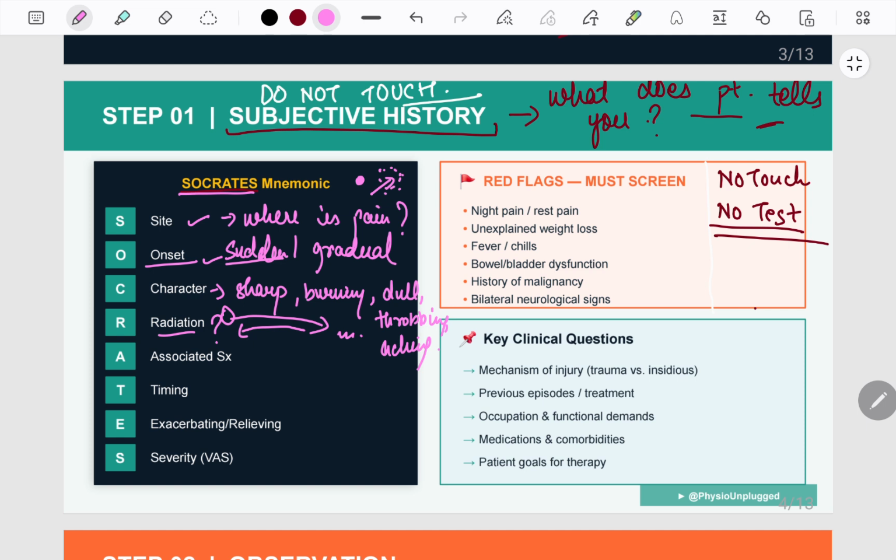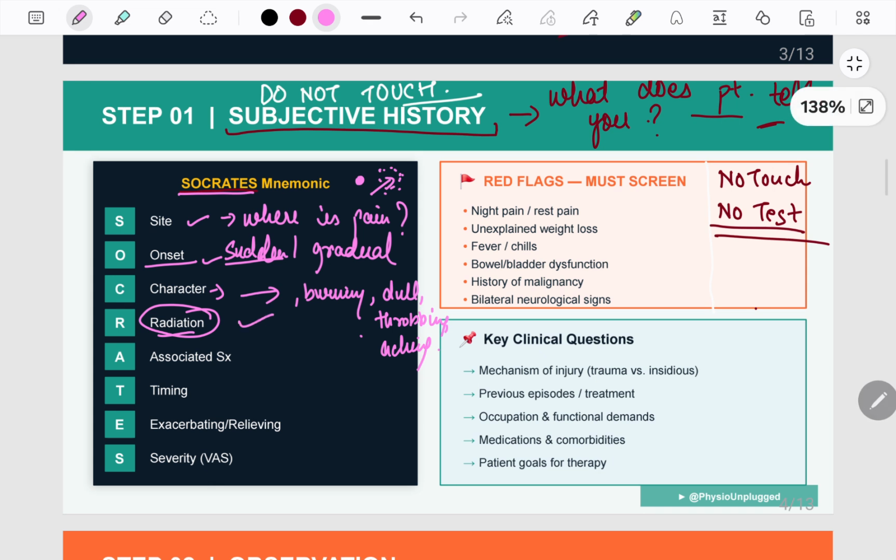And this can tell you about the nerve involvement, because further we'll see case studies and examples in the upcoming videos. We will see that a pain that has nerve involvement is usually a radiating pain, and it radiates along the path of the nerve. Well, we'll study that also in the upcoming videos. Now, we are clear with the radiation.